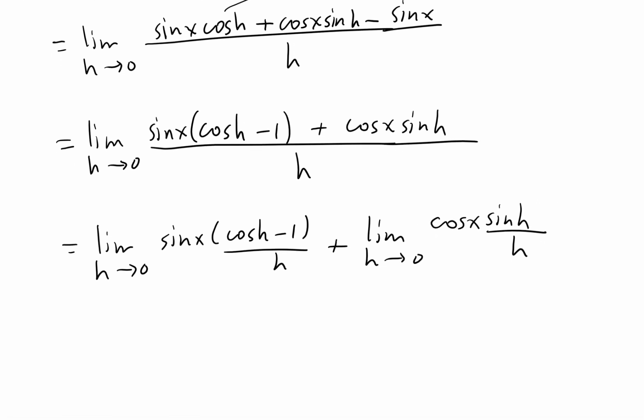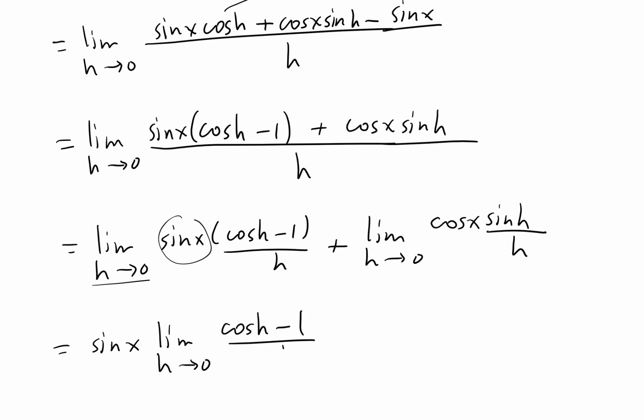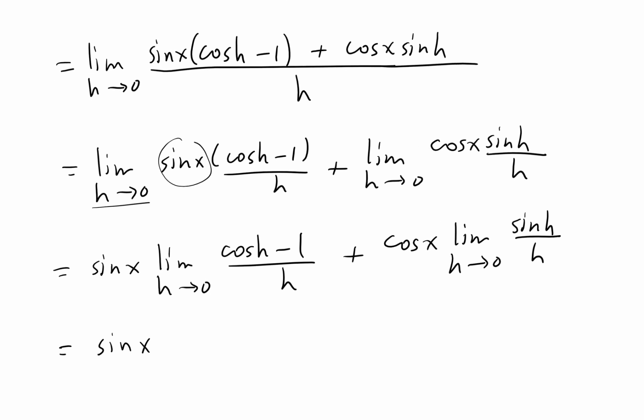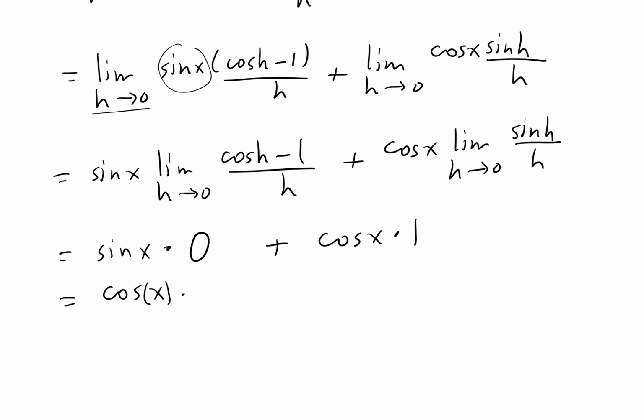Since sine x is independent of h going to 0, you can take the sine x out: limit as h goes to 0 of cosine h minus 1 over h. Same thing, cosine x out, limit as h goes to 0 of sine h all over h. This one we stated earlier is 0, and sine h over h is 1. So that's why it gives us cosine x. So the derivative of sine is cosine.